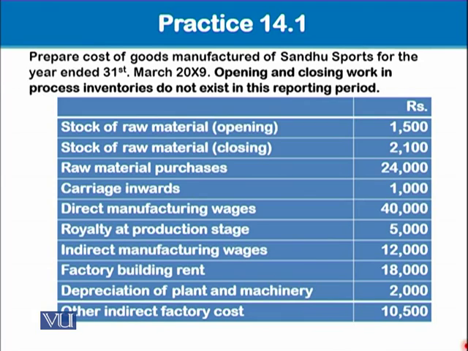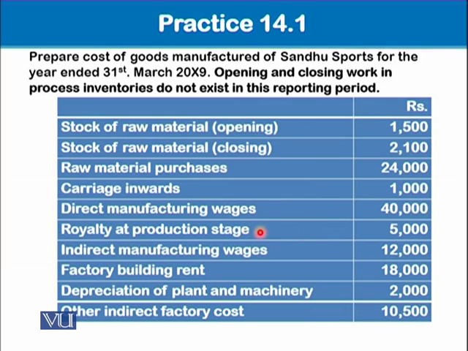So the information with us is stock of raw material, opening inventory, means the opening balance, and closing balance of stock of raw material. Purchases that we have made during the year, carriage inwards, direct manufacturing wages, royalty at production stage.